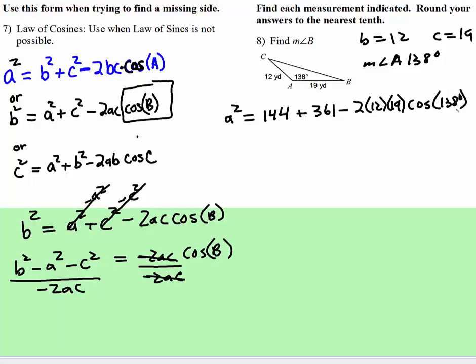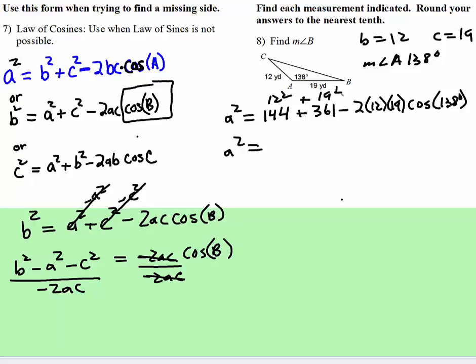Now you just type that into a calculator. Be careful about typing it in. We could have just typed 12 squared plus 19 squared, which saves a step.